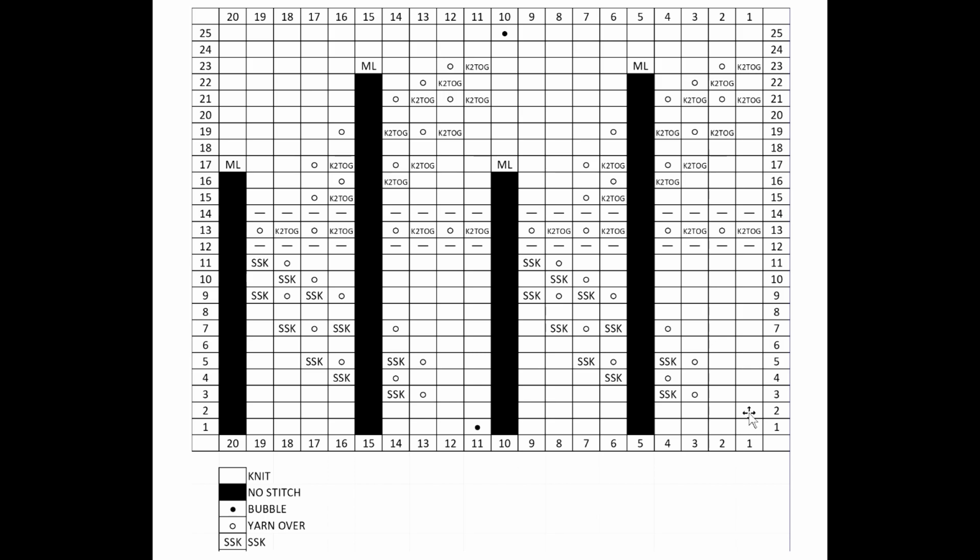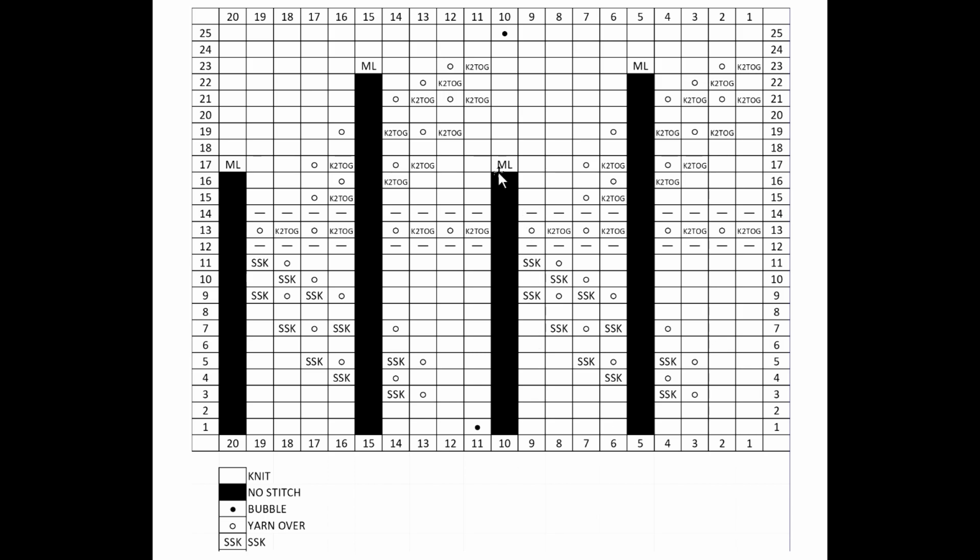Some people ask me, okay, so why don't you put those 4 black sections on either side so it's easy to count? No, you can't do that, because the black no stitch section has to be where you want to increase.